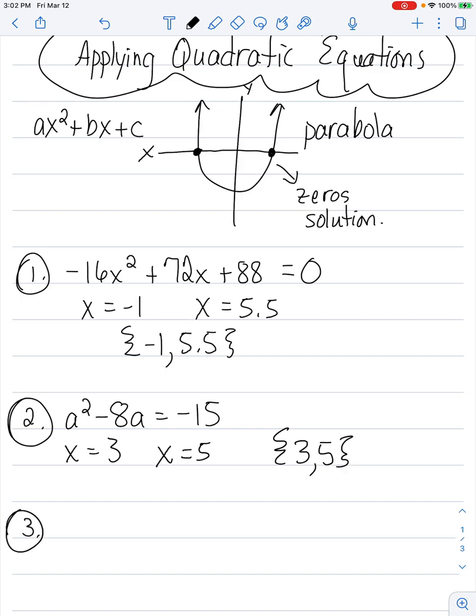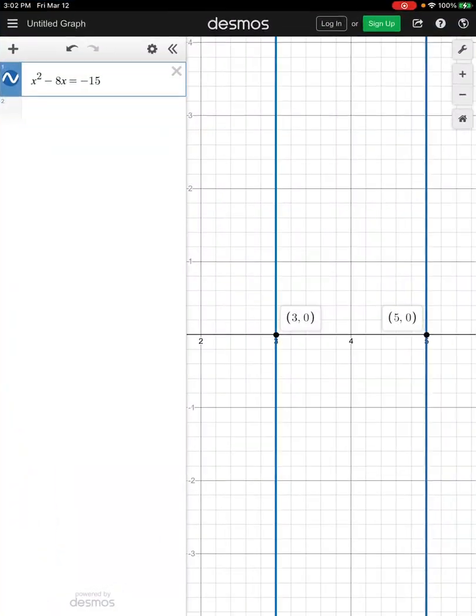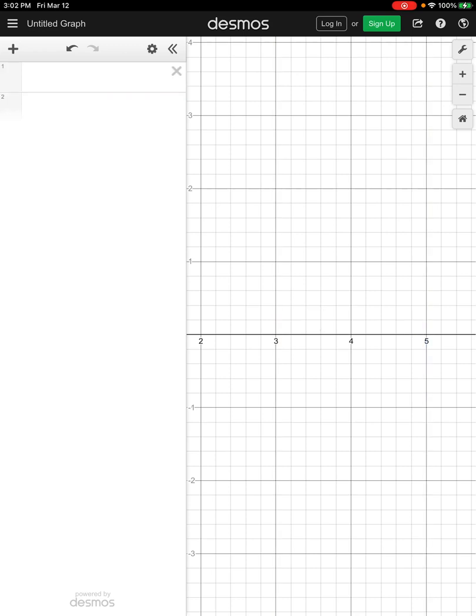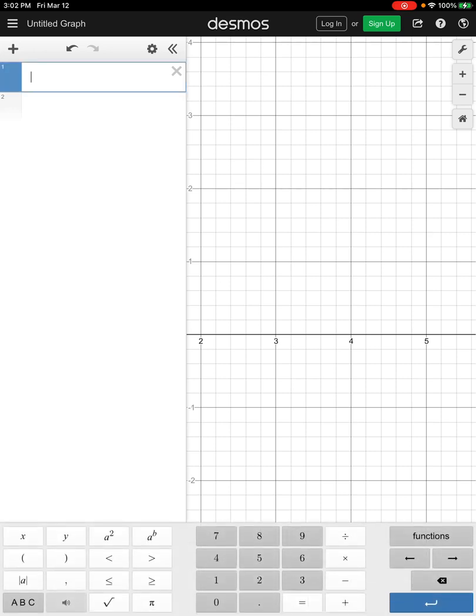Let's practice one more. I have 5b times 5b minus 4 equals 12. I'd like for you to pause the video and actually find that and then come back and check how you did. There we go. I'm going to type this in as 5 times parenthesis 5x. I think that's supposed to be 5x squared.